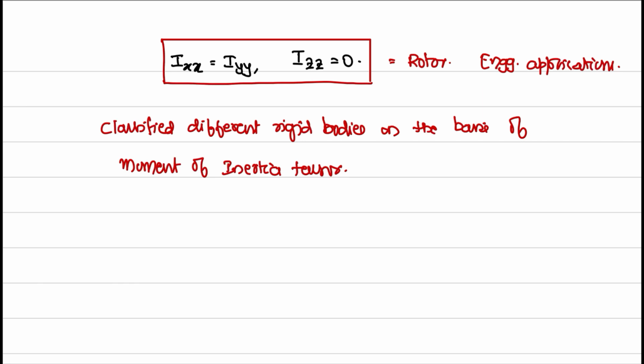Ixx is equal to Iyy is equal to Izz implies spherical top. That is the name given. Don't worry about this top, sphere and all. Even a cube is a spherical top.